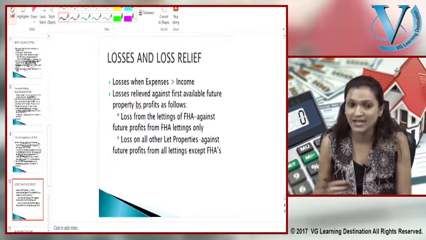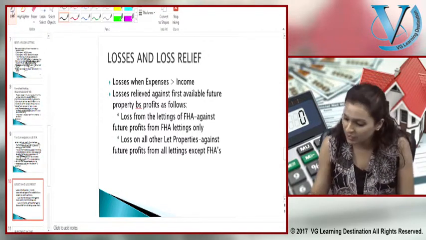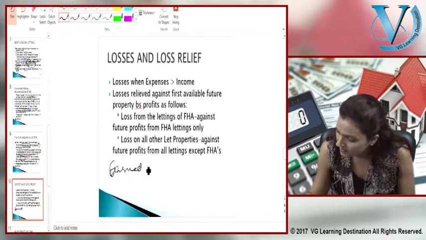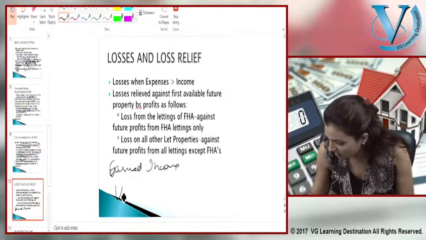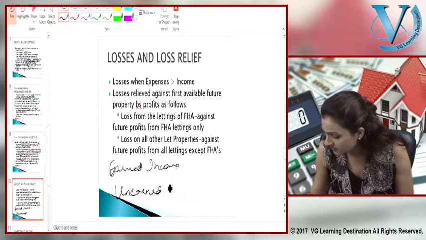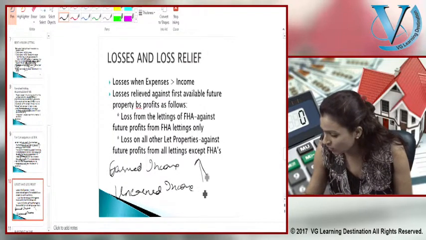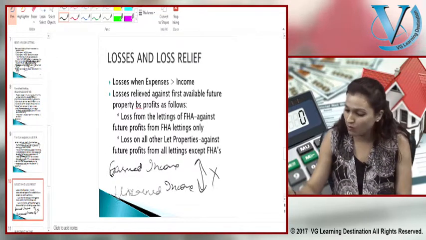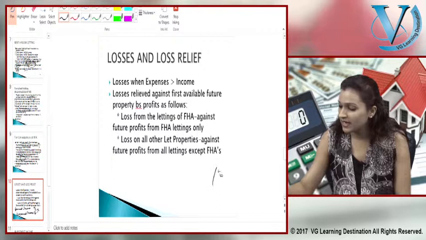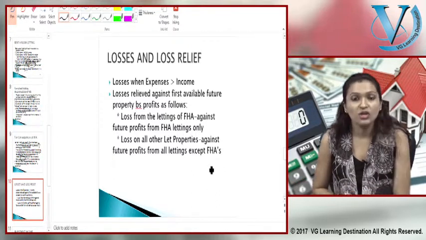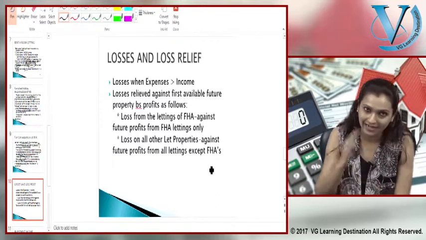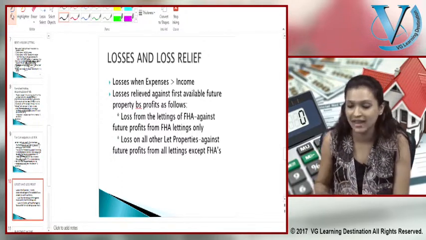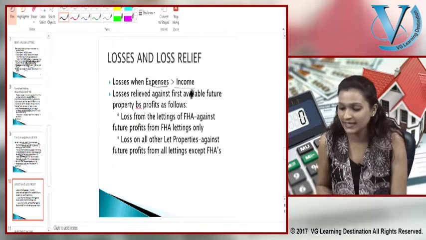Like I told you, there is no set off allowed between your earned income and your unearned income. This set off of profits and losses is not allowed. So what do you do if one of these accrues a loss? You have to wait for the same category profits of a future year. Losses basically arise when expenses are more than income.